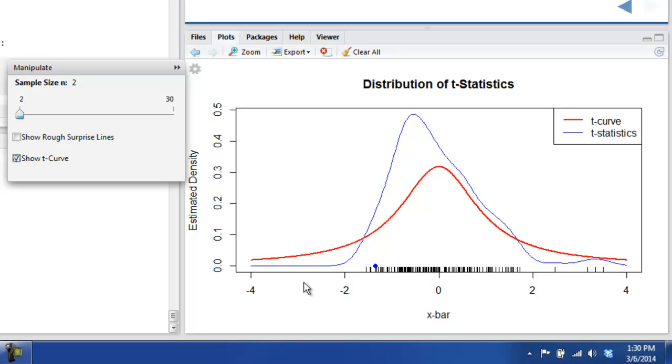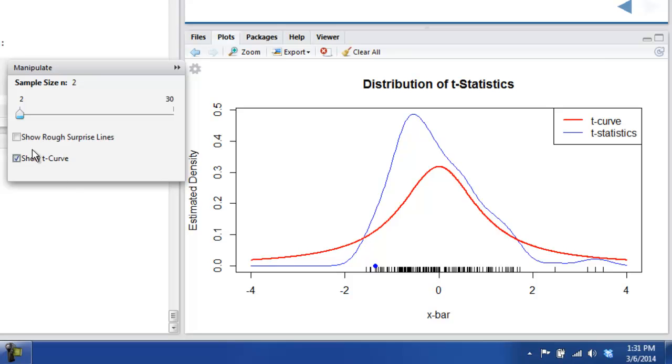Let's also think about our conventions for what constitutes an unusual value. By convention, we've tended to say that a value is unusual if it's more than 2 standard deviations above or below what's expected. So we might consider a t-statistic value to be unusual if it turns out to be more than 2 or less than -2.